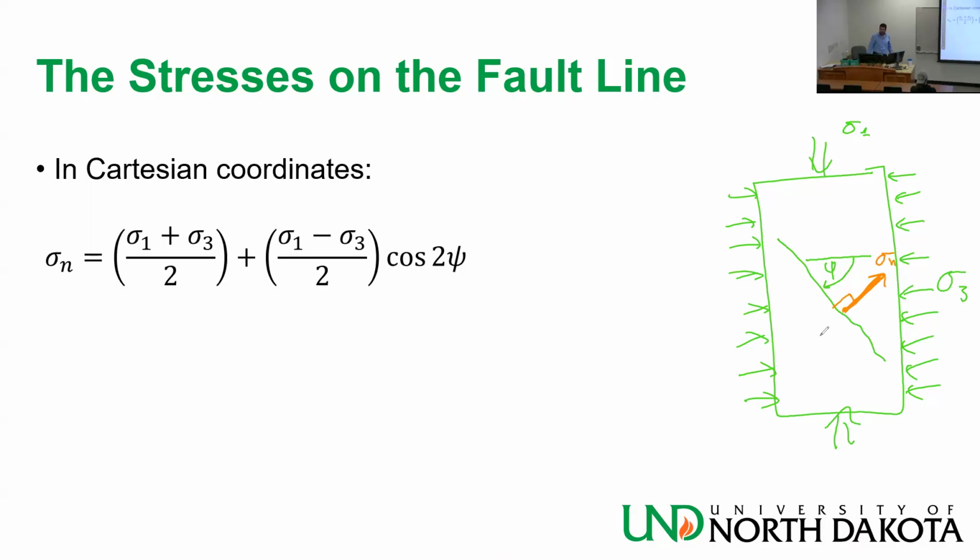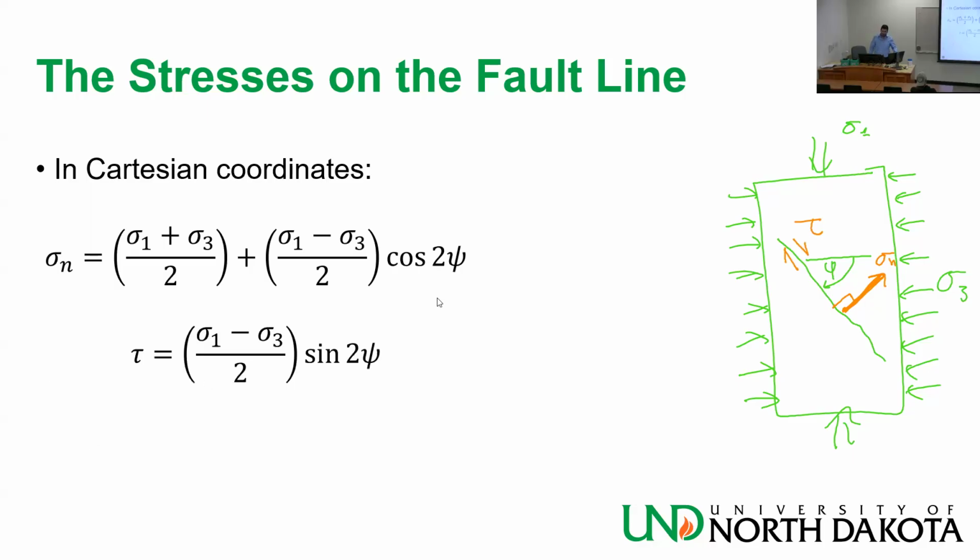And this is what sigma 1 and sigma 3 are, when sigma 1 is working against it. It's trying to create shear along the fault, tau, that will exceed this sigma n, the normal stress, sometimes called sigma n.